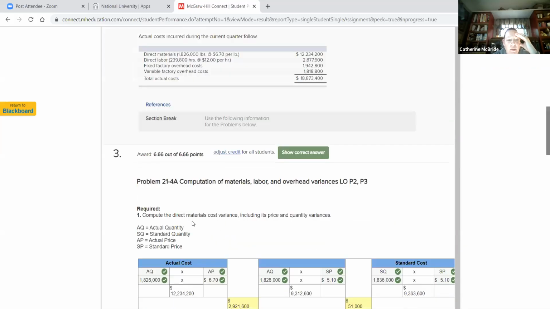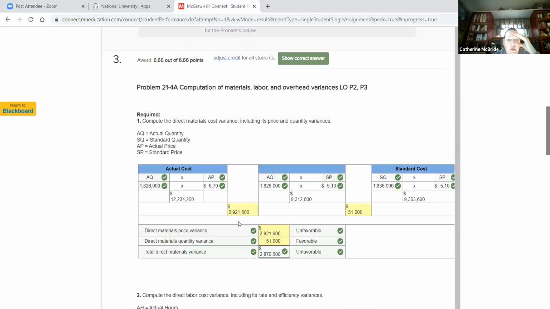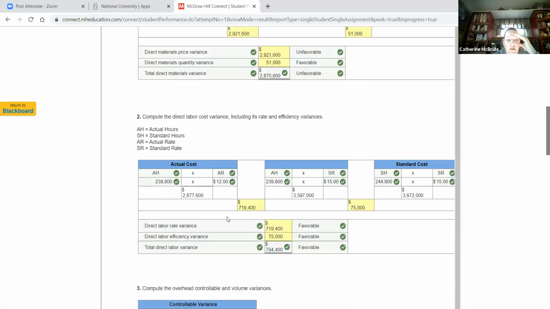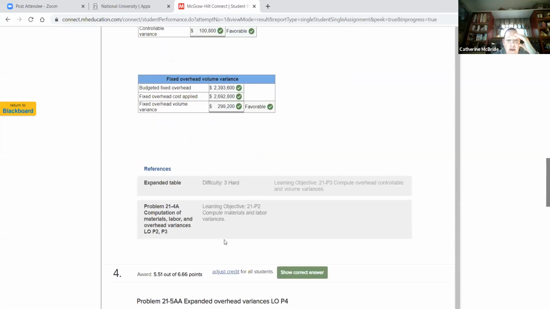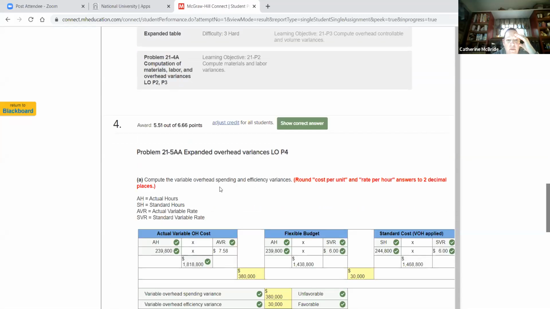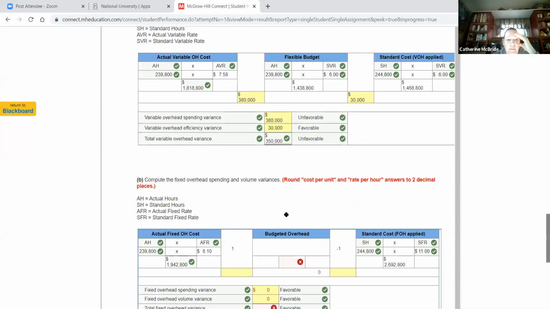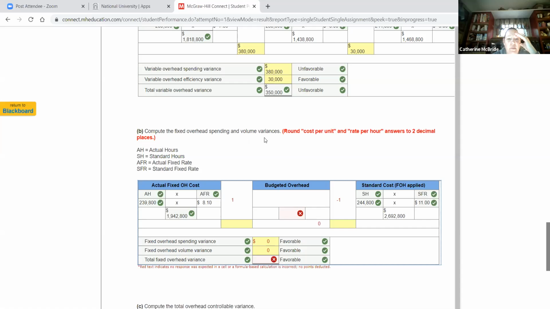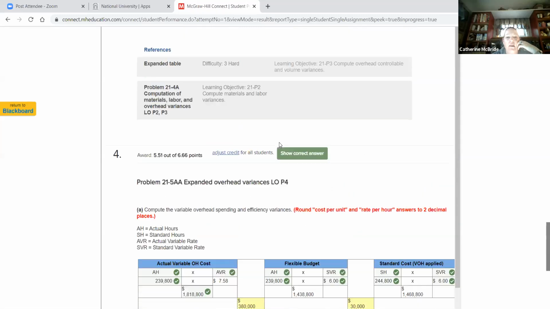We must be using the same data: direct materials cost, direct labor cost, overhead cost, spending and efficiency. Fixed overhead spending and volume variances. Where'd you get 244,800? Fixed overhead 244,800.